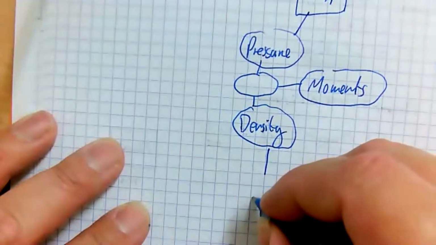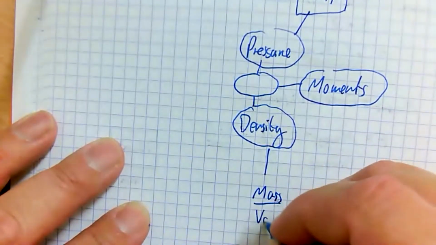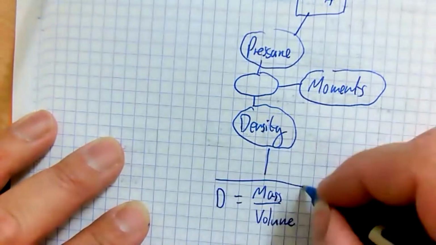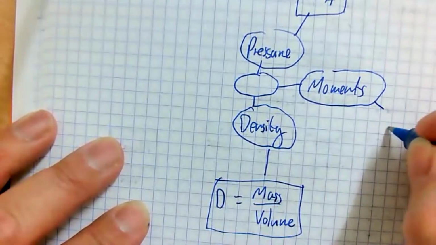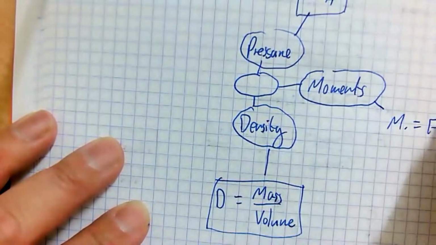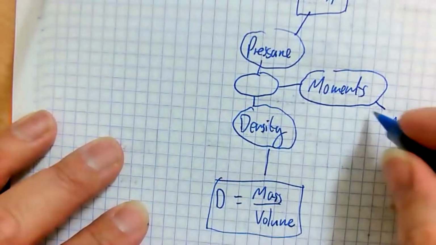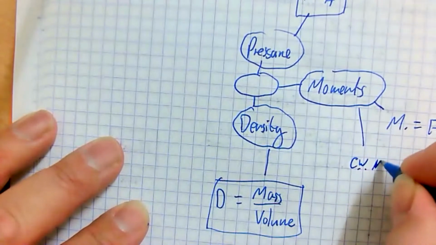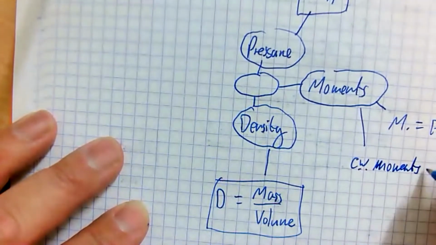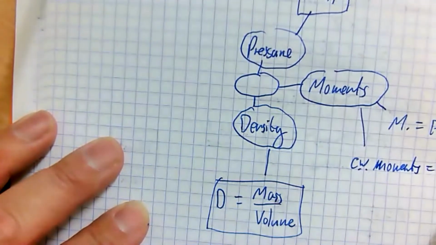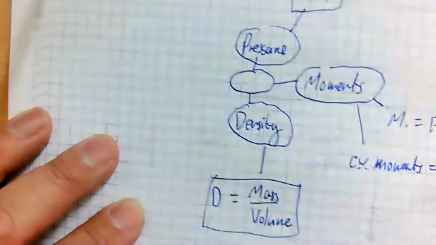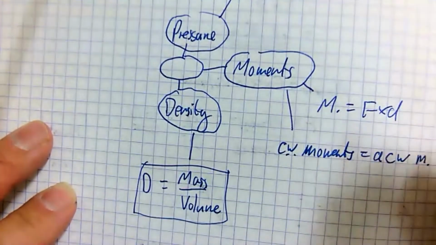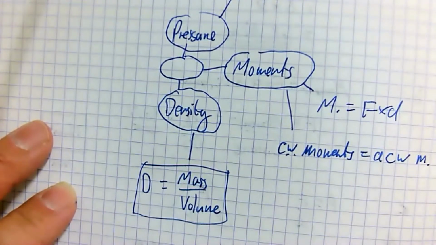We know density is mass over volume. We know that moments is force times distance. And we also know that for equilibrium, clockwise moments equals anti-clockwise moments. Does that make sense? These are all things that you need to make sure that you've quickly recapped.